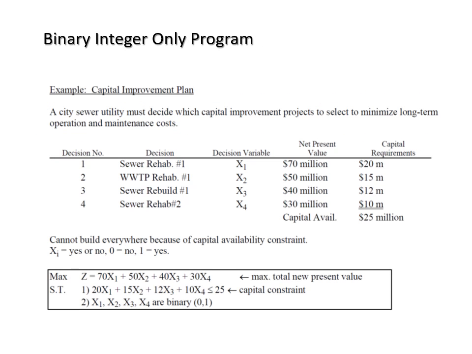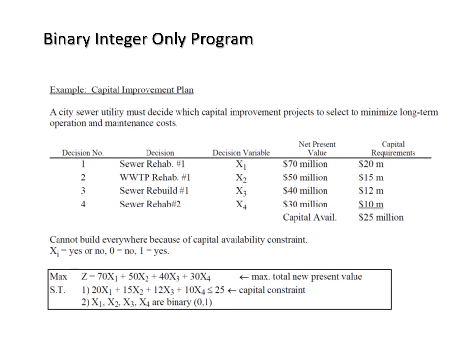So let's go through an example of how we would set up a binary or integer only program. So let's say a city sewer utility or water utility has to decide what capital investment projects they're going to pursue in order to minimize long-term operation and maintenance costs.